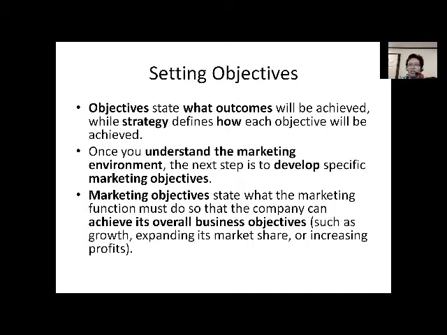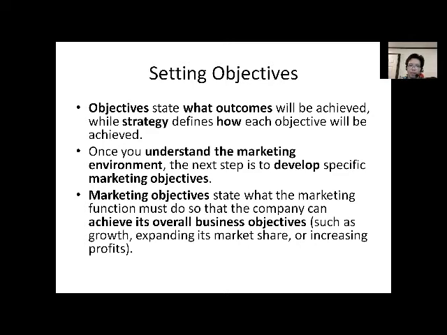Once the situational analysis is done, next we have to develop specific marketing objectives. So what are marketing objectives? Marketing objectives state what the marketing function must do so the company can achieve its overall business objectives.